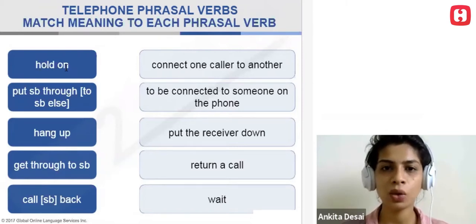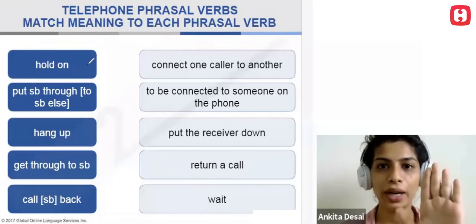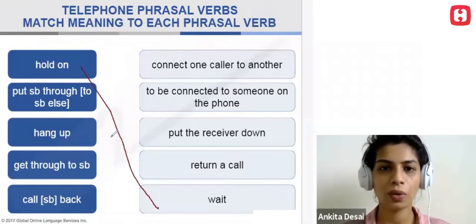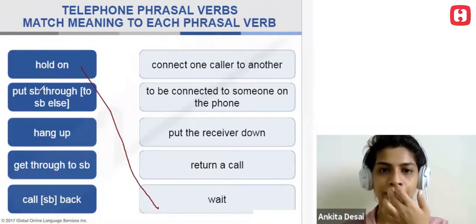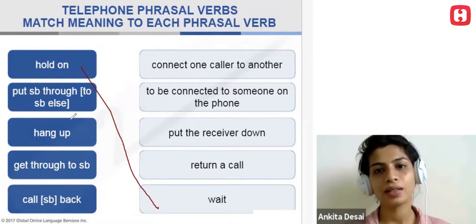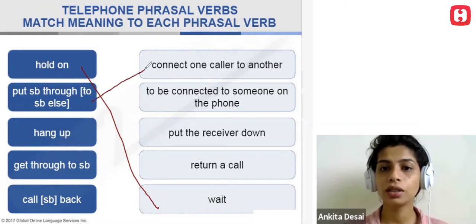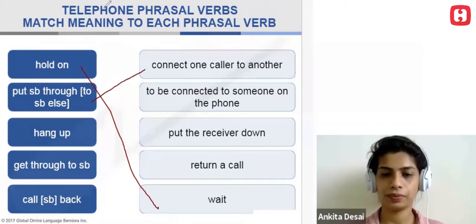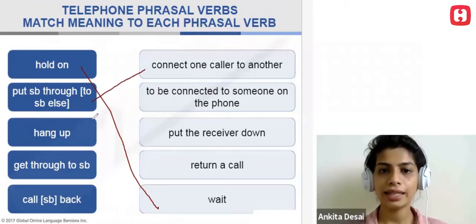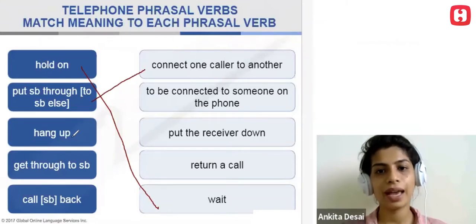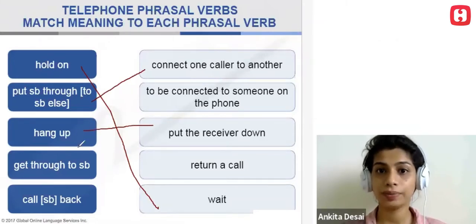Hold on. What does it mean, hold on? It means wait. Put someone through to someone else. What does it mean? Connect one caller to another. Next, hang up. Hang up means put the receiver down.